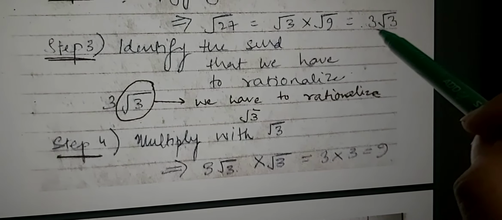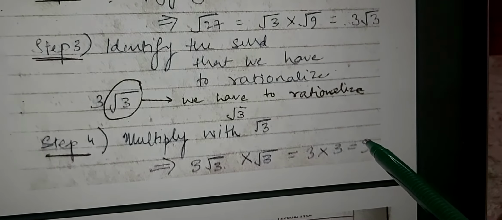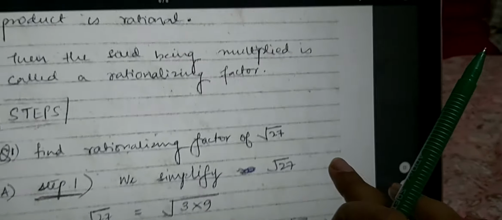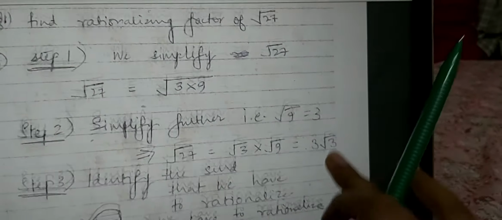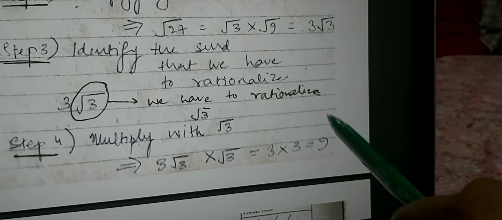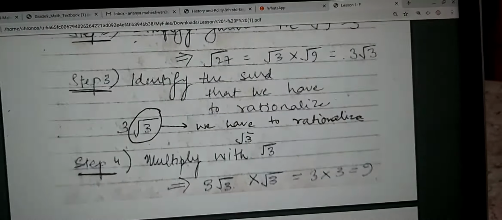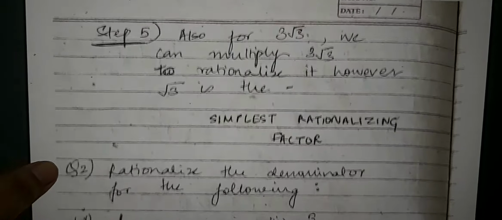And यहाँ पे I already had a 3 which I'm going to write. So 3 into 3 is equal to 9, which means that the most rational form of root 27 is 9. Okay, थोड़ा सा लंबा है, there's a few extra steps, but it's not something that's difficult.